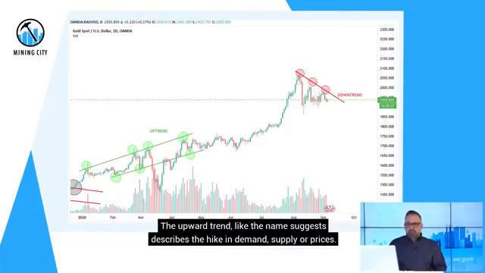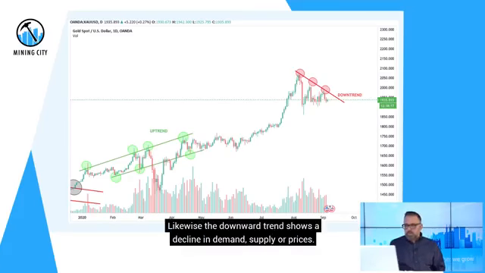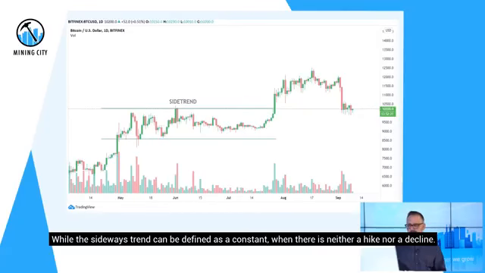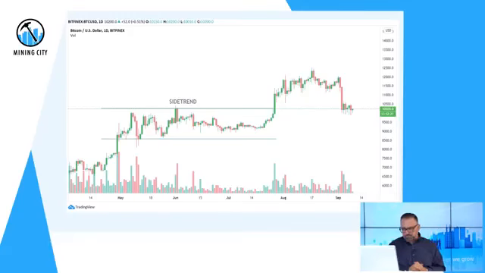The upward trend, represented here by this green line, like the name suggests, describes the hike in demand, supply, or prices. Likewise, the downward trend, like the one here, shows a decline in demand, supply, or prices, while the sideways trend can be defined as a constant when there is neither a hike nor a clear decline.